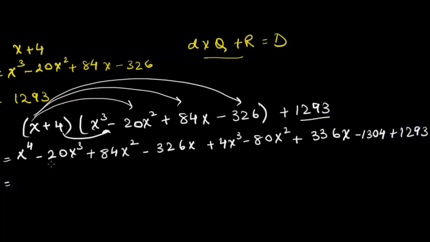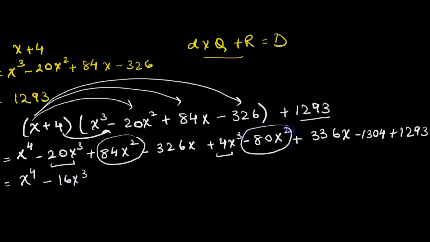Now all we have to do is collect the like terms. X to the power 4 is by itself. Minus 20x cubed plus 4x cubed gives us a minus 16x cubed. Plus 84x squared minus 80x squared gives us a plus 4x squared. Minus 326x plus 336x would give us a plus 10x, and then minus 1304 plus 1293 would give us a negative 11.